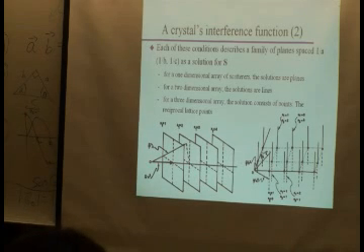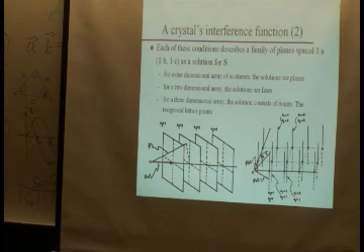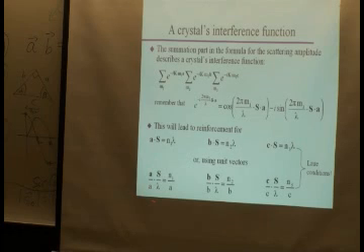Basically, when you multiply these two vectors, any point that happens to fulfill this, which means any direction of this vector, will be a solution. And that gives you a plane, right? You can move things around here. Because this is the projection of one vector onto the other, the way it is written. So you get this series of planes spaced 1 over a apart. Each of these planes is a solution for this very first condition.